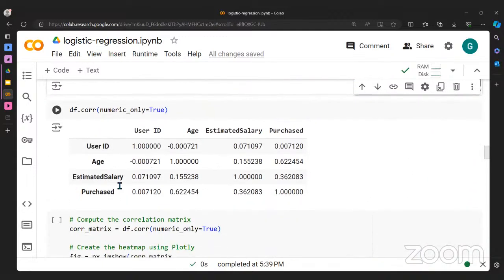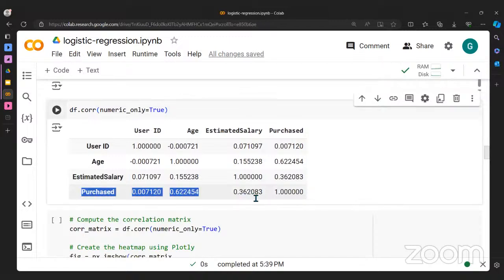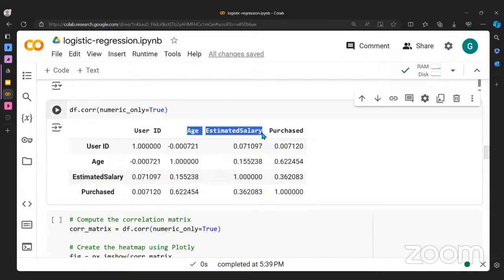This is the correlation and this is our area of focus. From here we can see the correlation between purchase and other features in the dataset. Age has the highest correlation, followed by estimated salary. These are two features that will probably help us in predicting the purchase more compared to the user ID.